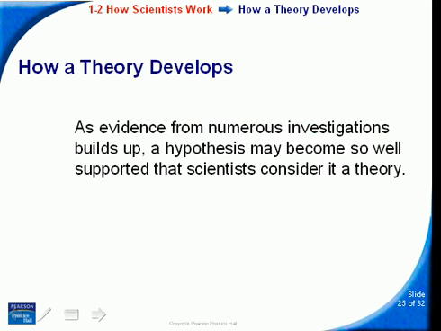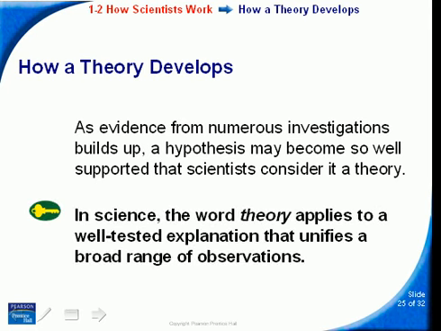So how does a scientific theory develop? Let me go back to that. As the evidence of the investigation builds up, a hypothesis may become so well supported that scientists consider it a theory. Now you might be saying, well, a theory is not a guess. A hypothesis in many ways is a guess.